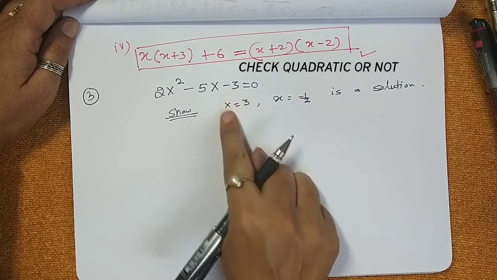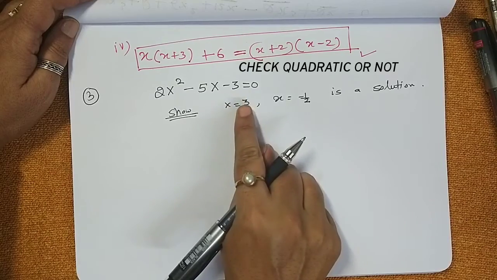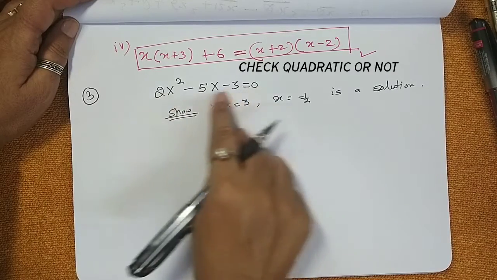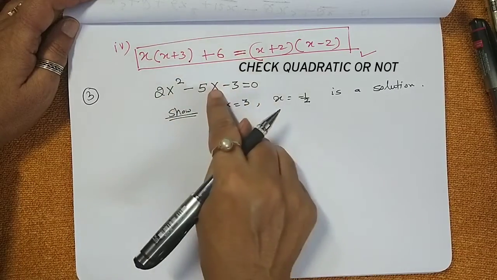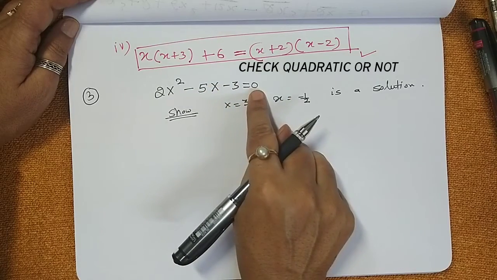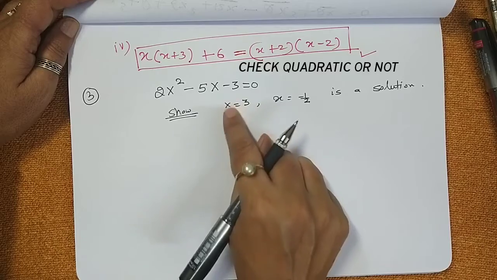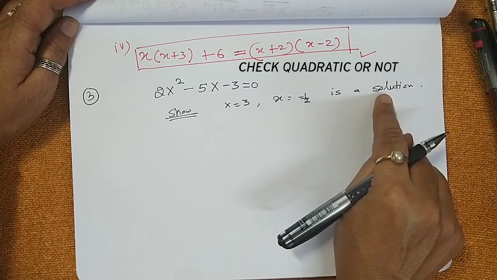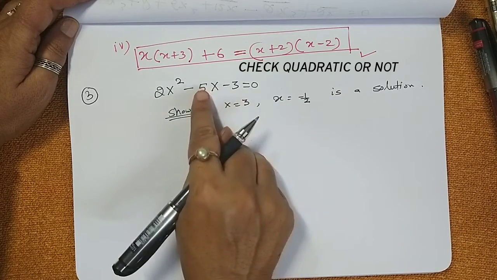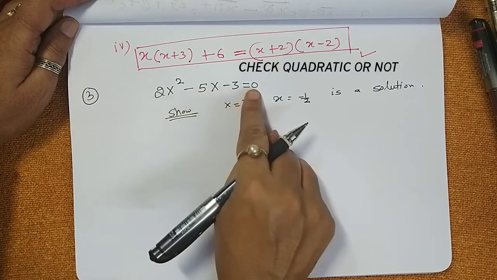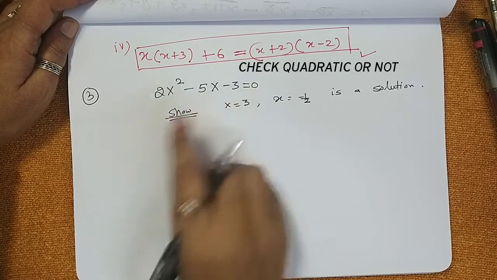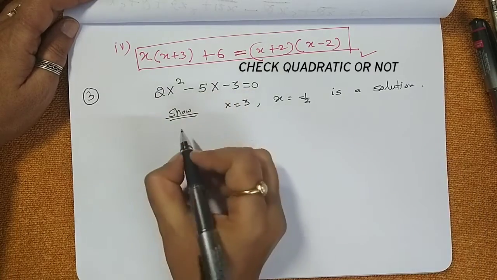Remember, if any value of x is the solution of your equation, you put it there and you should get 0. That is the sign that x is equal to 3 is the solution. So what we will do? Put the value of x. If you get this 0, that means it is the solution.